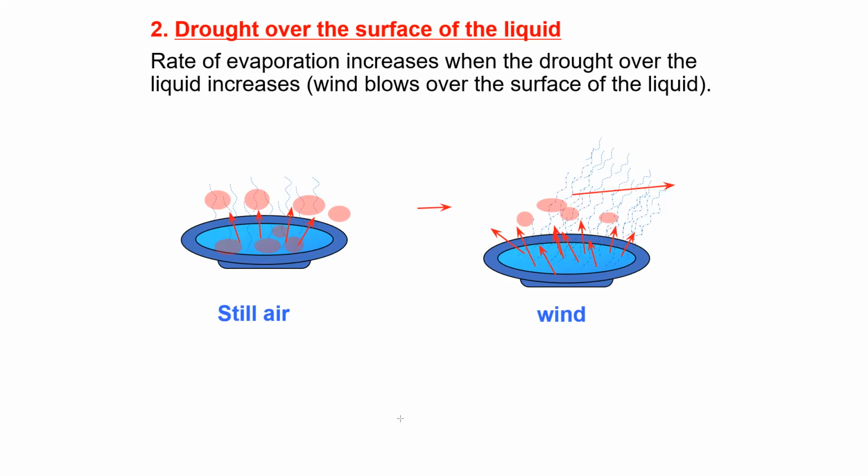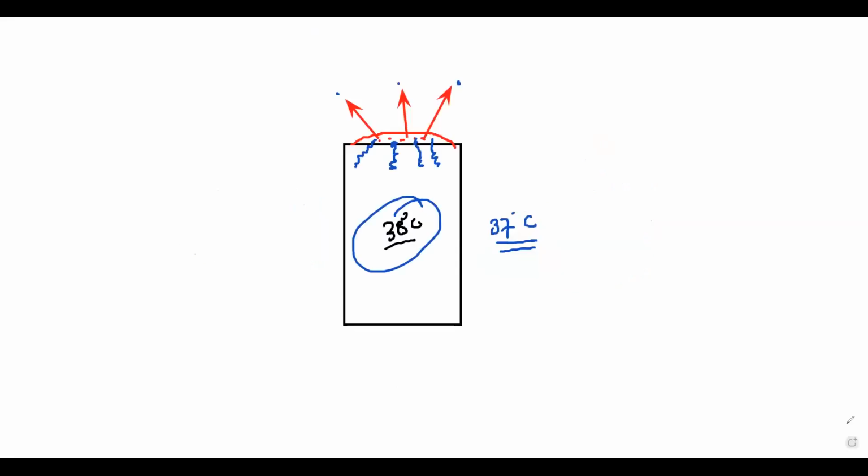The evaporation also depends on humidity. If you have greater humidity, humidity refers to the number of particles present in the atmosphere. So if you have a humid environment, humidity is in percentage, which refers to the number of water molecules present in the atmosphere.